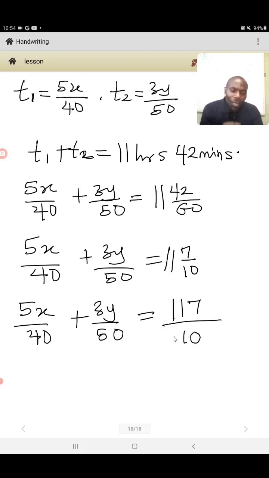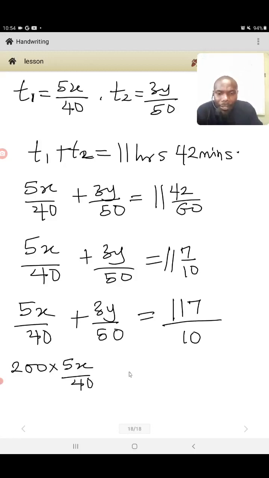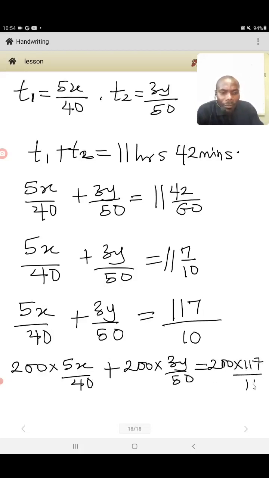Now, what can we do to reduce this equation to linear? The first thing is to find the LCM, let's say 200. You have 200 times 5x over 40 plus 200 times 3y over 50 is equal to 200 times 117 over 10.